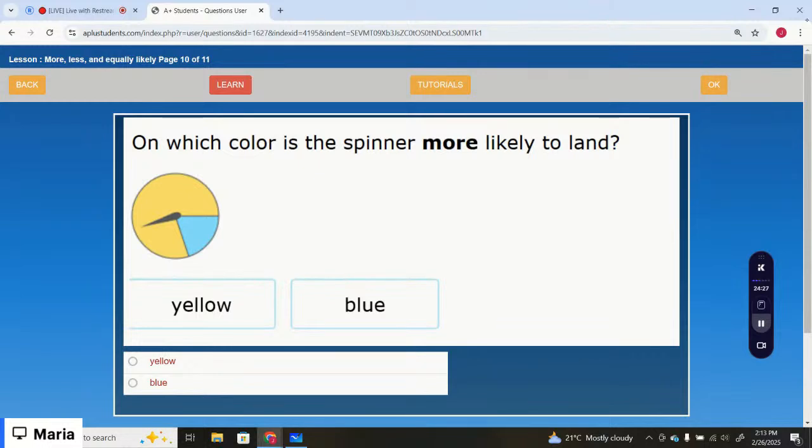It will more likely land on blue. Option number 2 is the correct option.